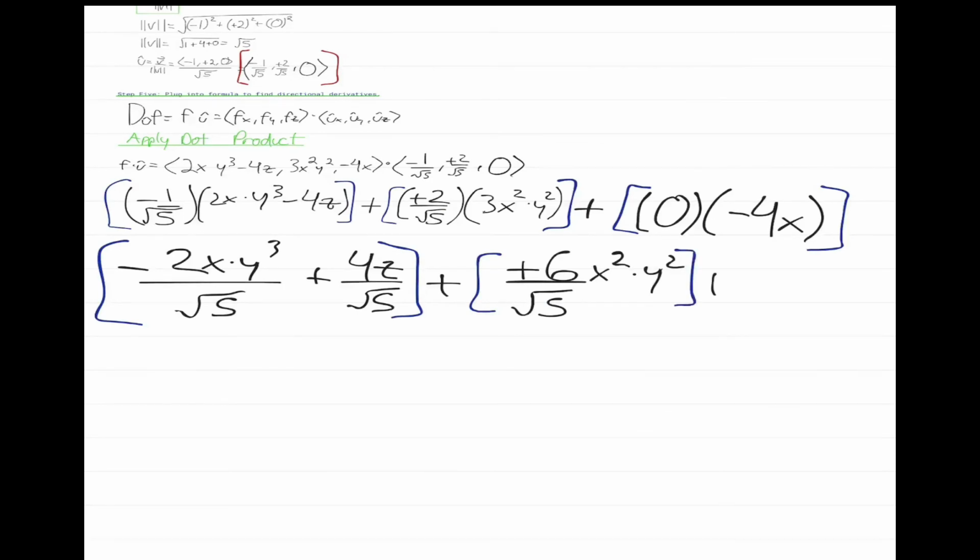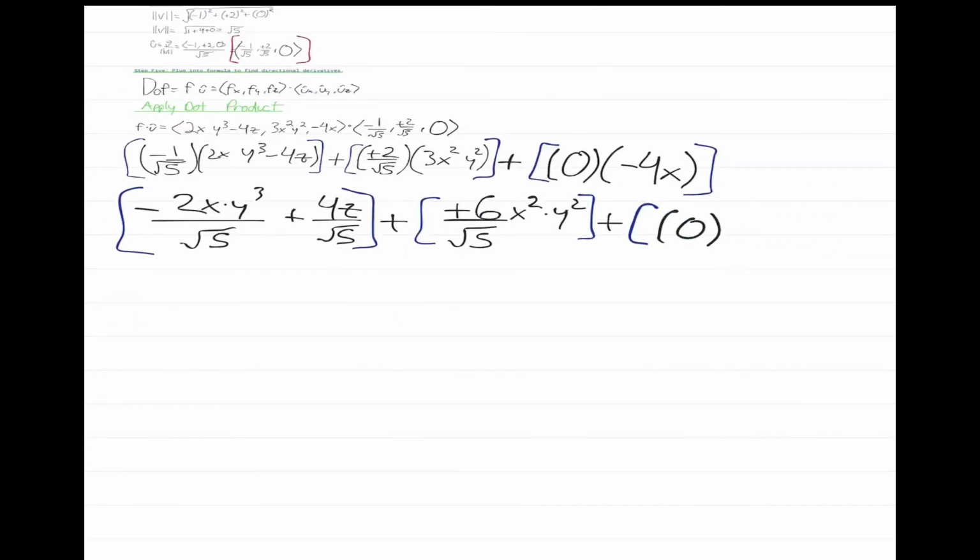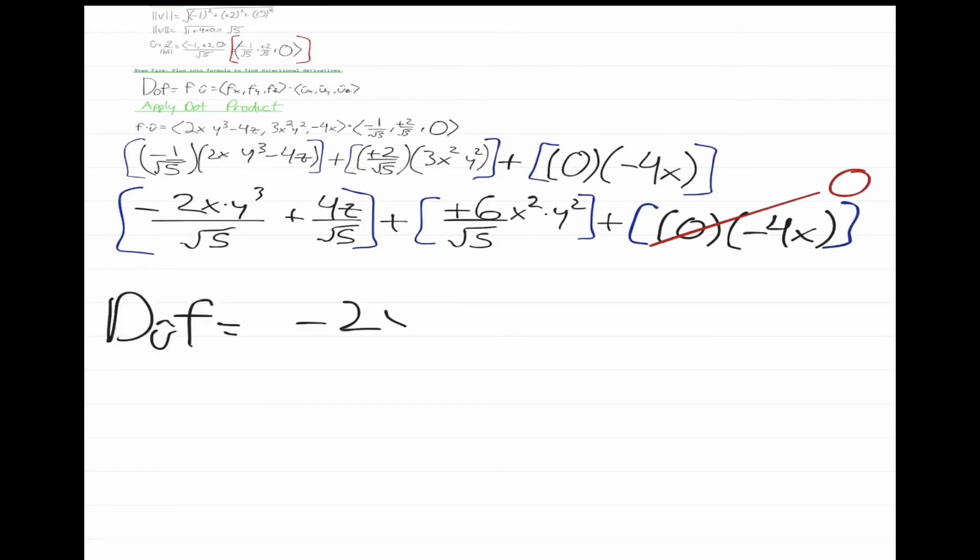We get these values because 2 times 3 is 6. And then 0 times negative 4x, as we know, is going to zero out. So furthermore, we simplify this. Keep in mind, a dot product gives you a scalar, but in this case, it gives you a directional derivative.